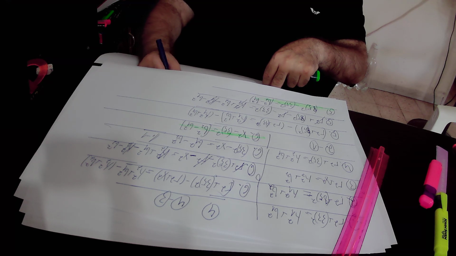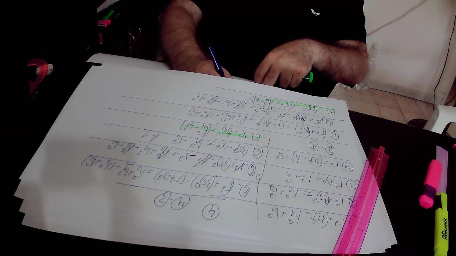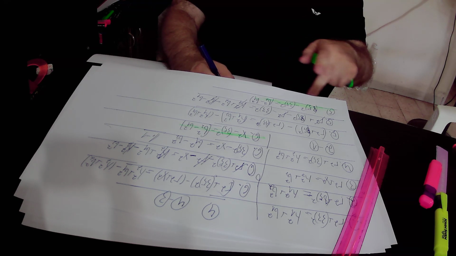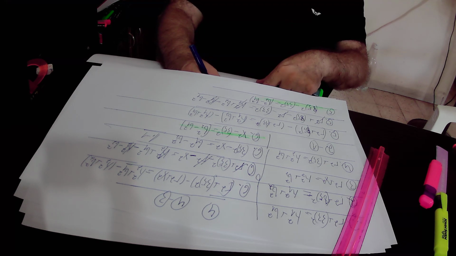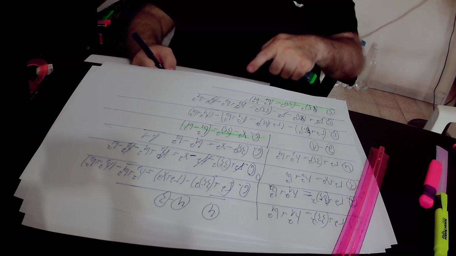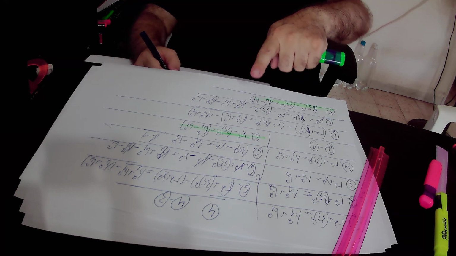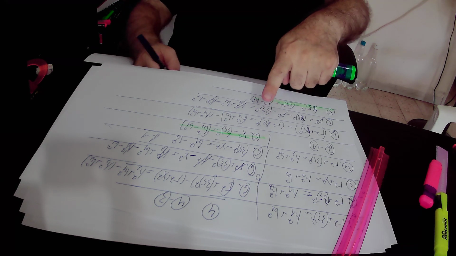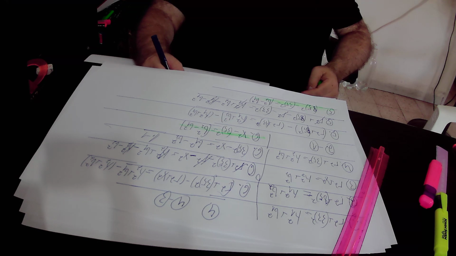So B2 square minus B1 square according to equation number 5 is 85 square minus 33 square, and it must be equal to B2 square minus B1 square according to equation number 6, that is X square minus 35 square.